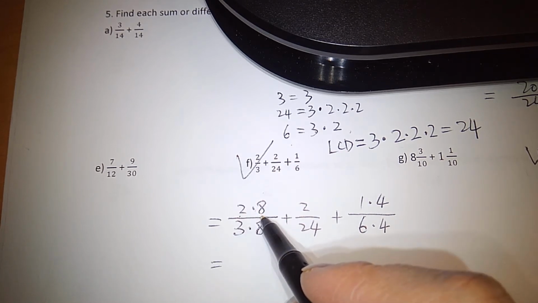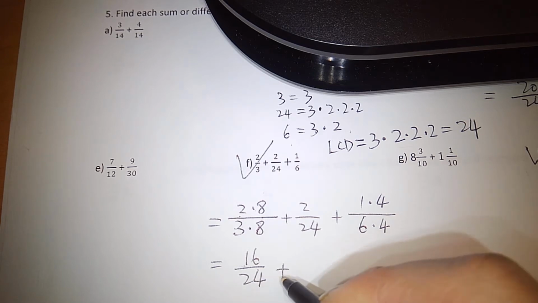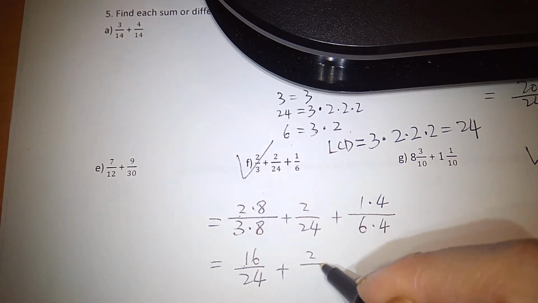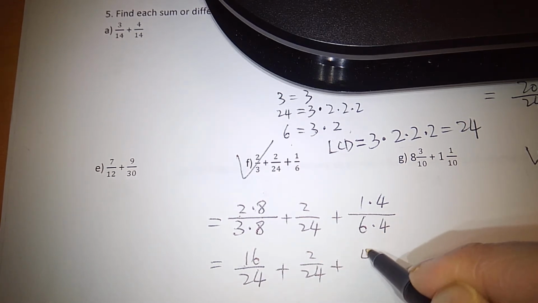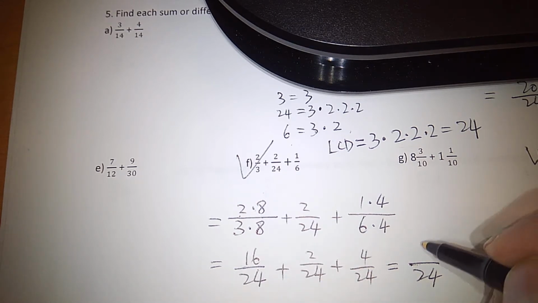So, 2 times 8, 16 out of 24. 2 out of 24. 4 out of 24. So eventually, you should get what? 16 plus 2, 18. 18 plus 4, what? 22.